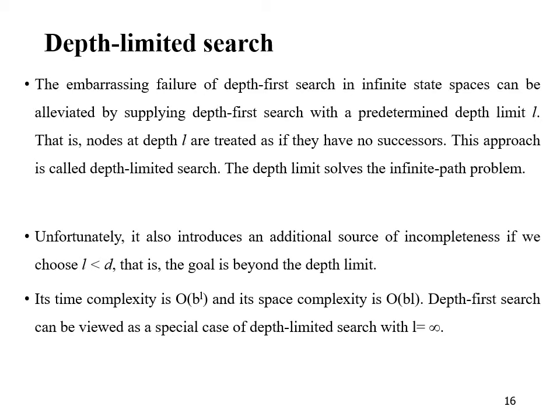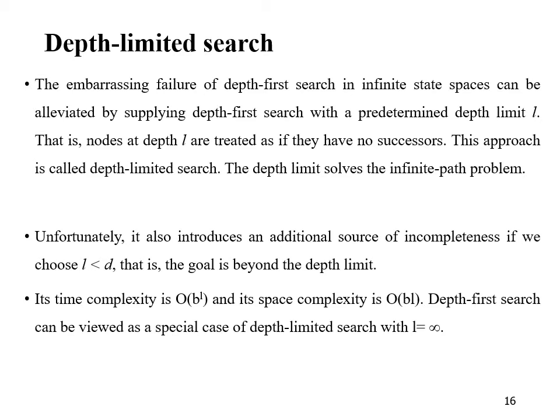Another version of depth first search is depth limited search, where you have to fix a depth limit L. The benefit of this is that you will not get lost in a blind alley.